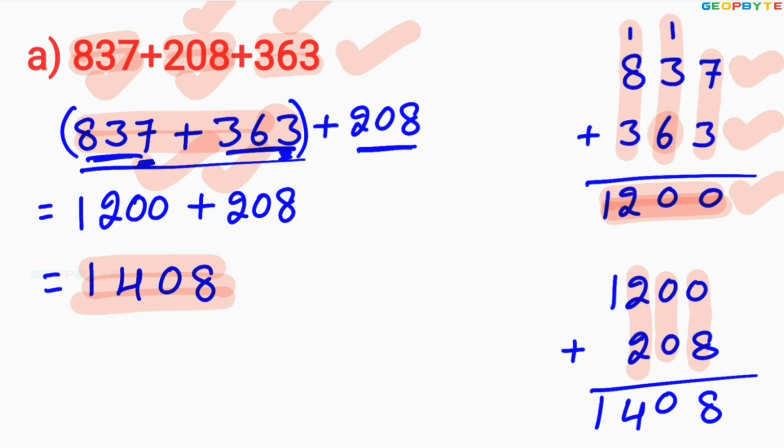Similarly, let us take part B. Look at part B: 1962 plus 453 plus 1538 plus 647. Now I am going to rearrange like this.